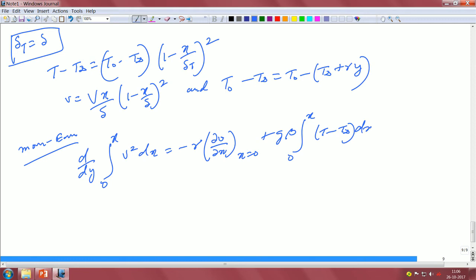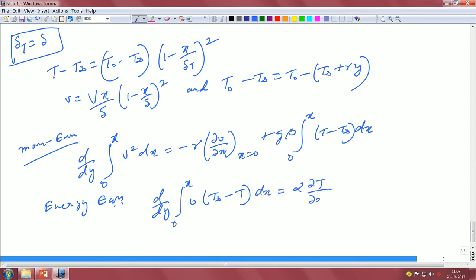Sometimes it is better if you do some of these things at home also. So, the energy equation becomes d by dy of the integral from 0 to x of v into T infinity minus T dx, equal to alpha dT by dx at x equal to 0.